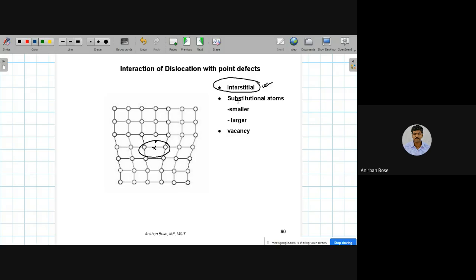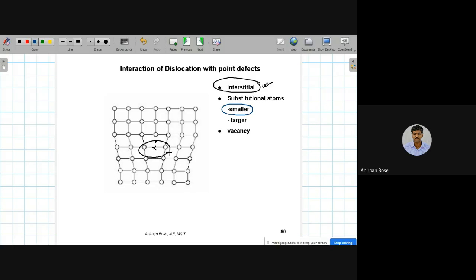Next, we see substitutional smaller atoms. You already know that some of the parent atoms can be replaced by substitutional atoms in a substitutional solid solution, and the size of the solute can be either larger or smaller than the parent atom.